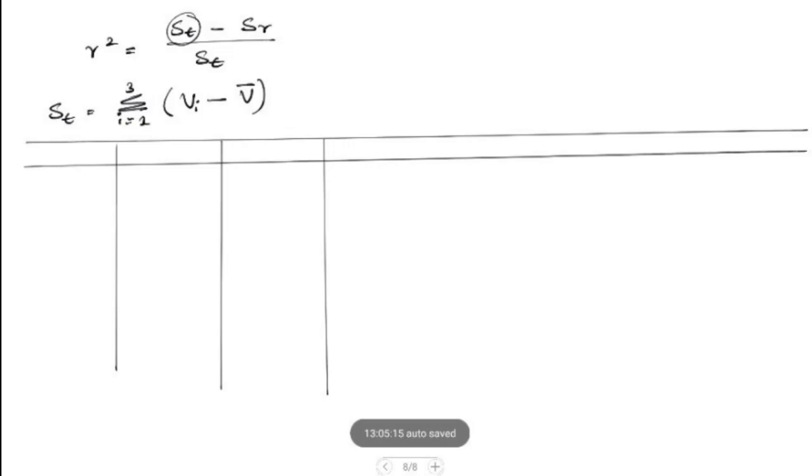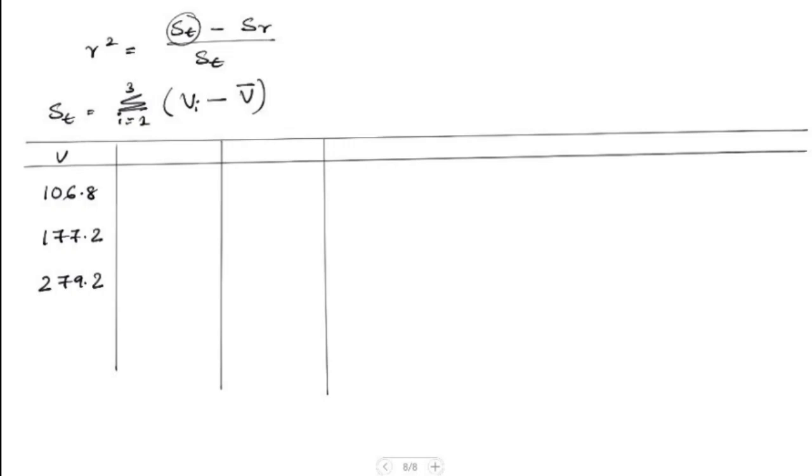So now we'll write down the velocities, which are 106.8, 177.2, 279.2, and then the average velocity we have to find.